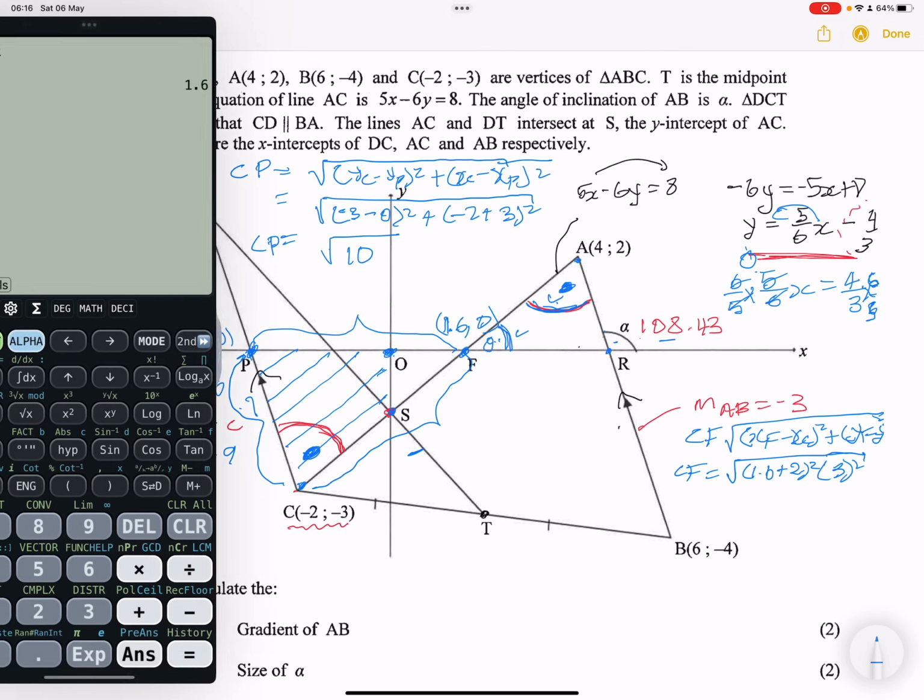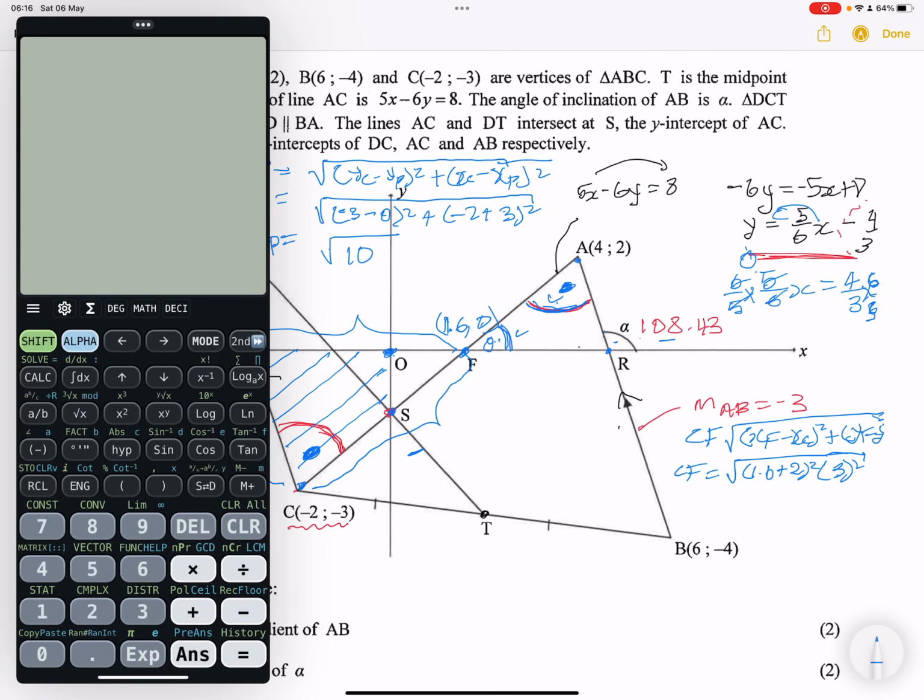Okay, so now we're looking for that value. So that is going to be the square root of 3.6 squared plus 3 squared, right?